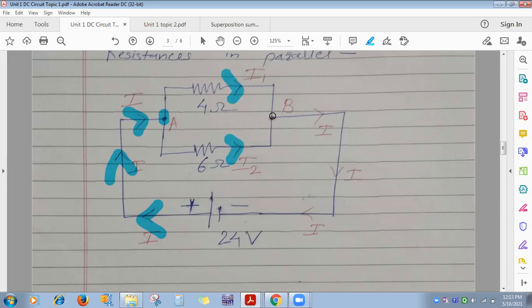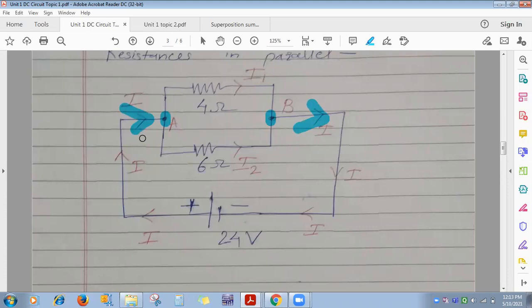And again at point B, the same amount of current I leaves and reaches the negative terminal of battery. So when the resistances are connected in parallel across A and B, the first condition you check: whatever current enters at node A, the same amount of current must leave node B. This is the first condition.